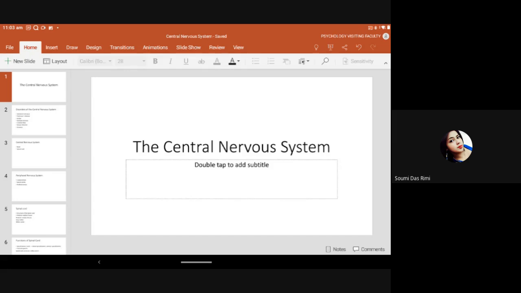And then another part of the nervous system is the peripheral nervous system that I told you about in the previous chapter. The peripheral nervous system consists of the peripheral nerves, that means the cranial and the spinal nerves, and mainly handles the communication between the central nervous system and the different parts of our body.